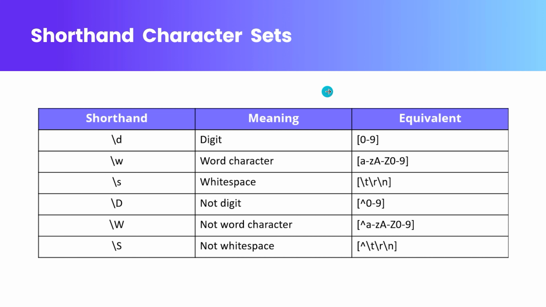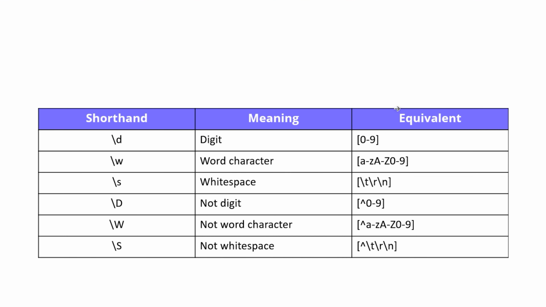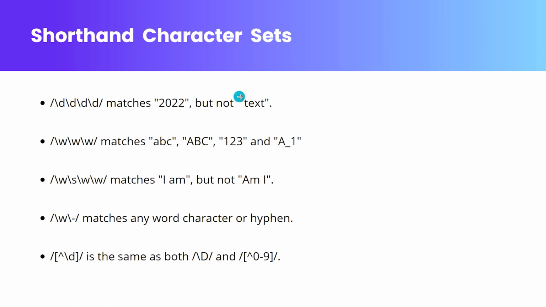And one thing you need to remember is that underscore is counted in regex as a word character. Another thing is that it is used to check a single character.